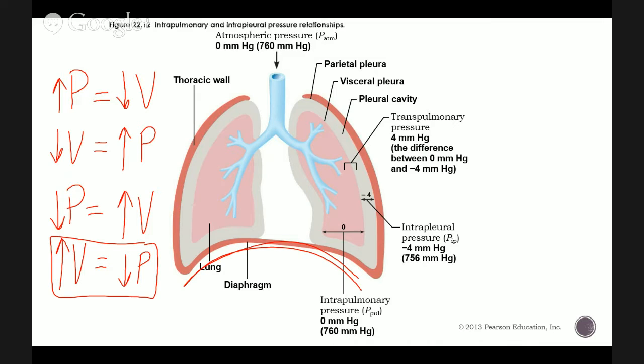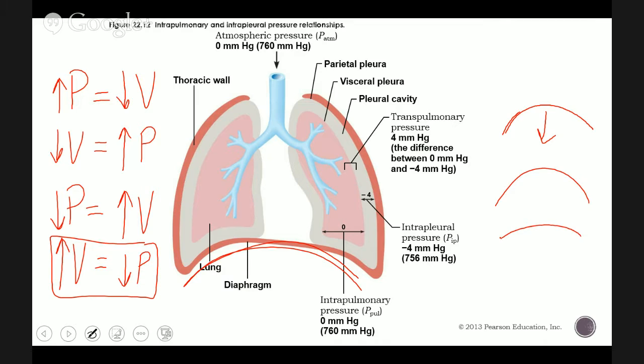So what do you think, down or up? You don't know. That's all right. With all the stuff you have to learn, it's hard to remember everything. When the diaphragm contracts, it moves down. So it goes from a dome-like position to more flattened.